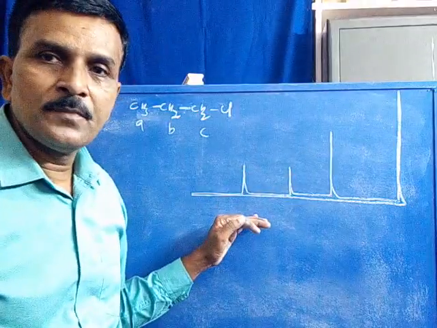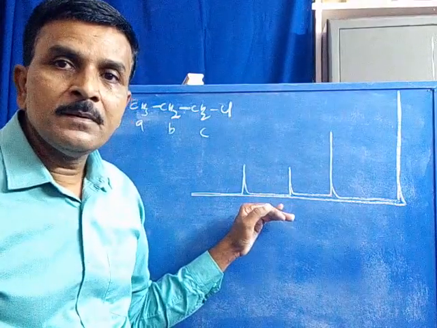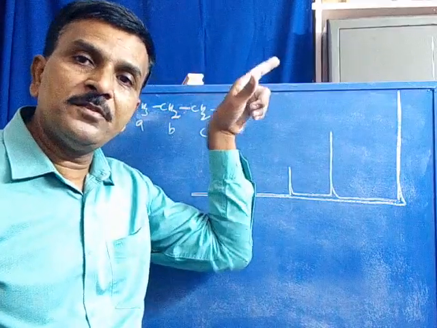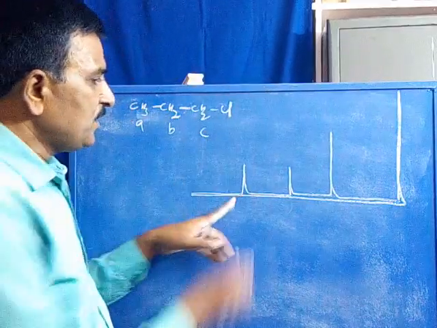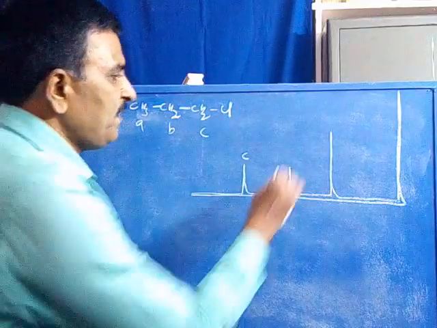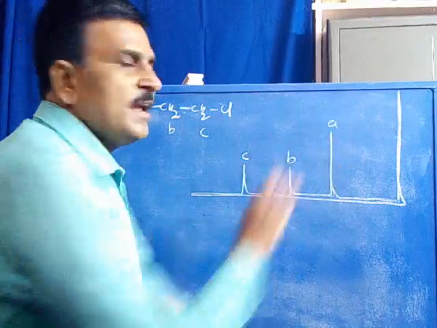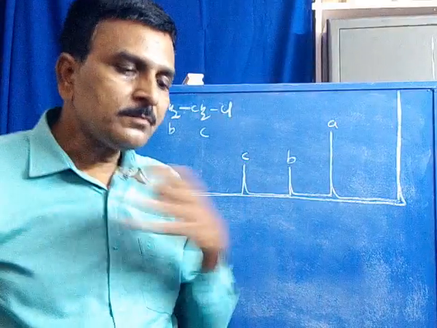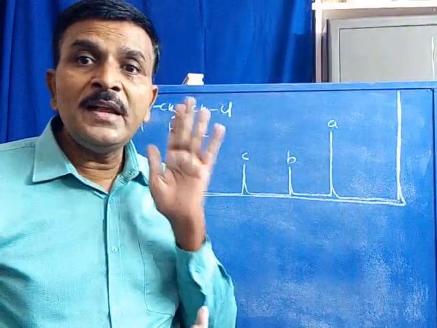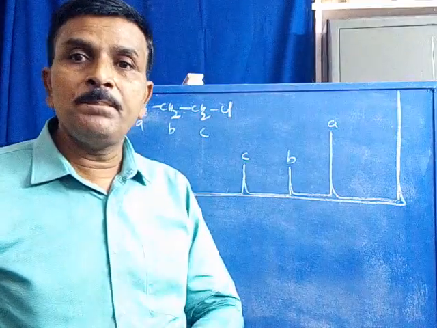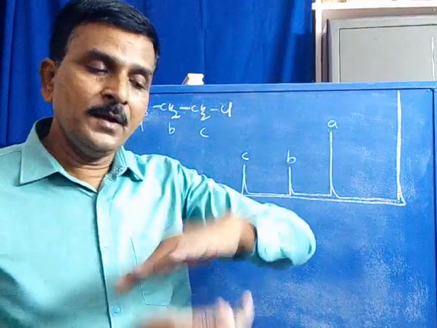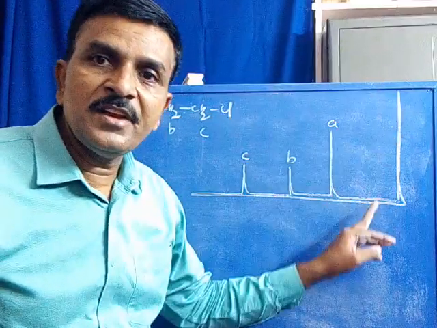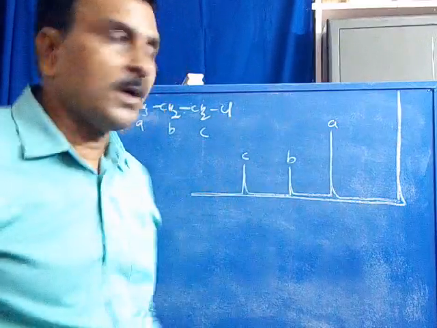The spectrum contains signals for the sample protons and a signal from TMS. Here, this is the C proton signal, this is the B proton signal, this is the A proton signal. We learned that TMS contains 12 equivalent protons, hence it appears as a sharp and intense signal. Its intensity is very high. So the signal with the highest intensity belongs to the TMS protons.